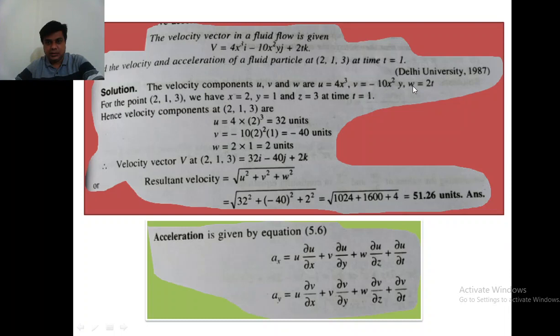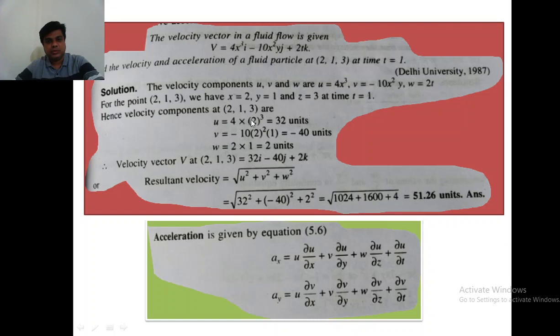And w is nothing but 2t, so the k term is w, 2t. Using these, we will now calculate du by dx and so on. Here the velocity components are already given directly. We want to calculate the velocity at the coordinates x, y, z, where x is 2, y is 1, and z is 3.